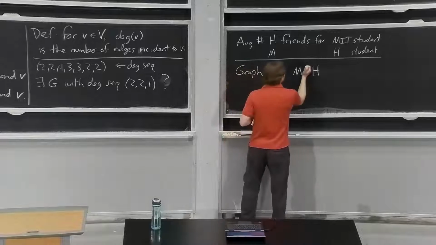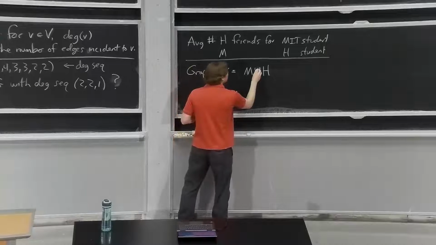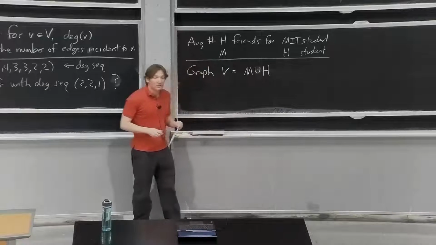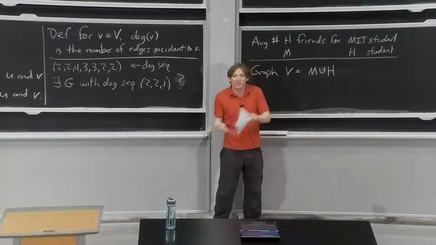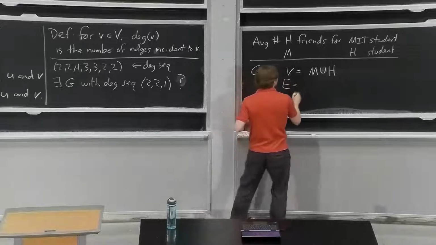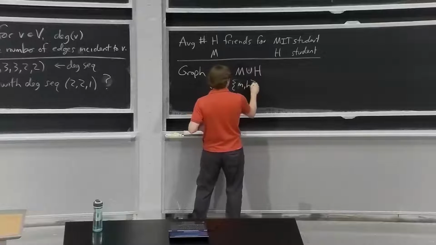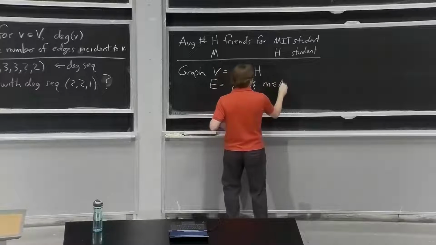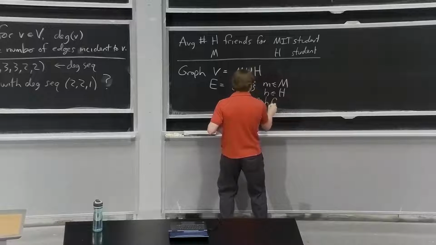To emphasize that these two sets are disjoint, sometimes you put a little dot inside the union sign. So our set of vertices is the disjoint union of MIT students and Harvard students. And our edge set is going to be the set of M comma H, where M is an MIT student, H is a Harvard student, and M and H are friends.